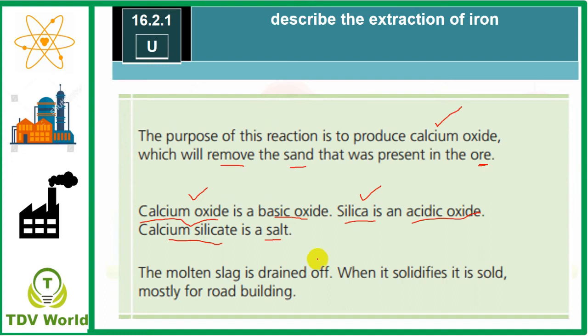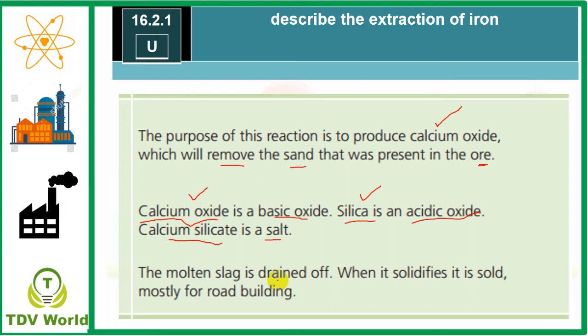The molten slag is drained off. You have got the slag, and you take it out from the bottom of the blast furnace. You will drain it out. When it solidifies, it is sold mostly for road building.